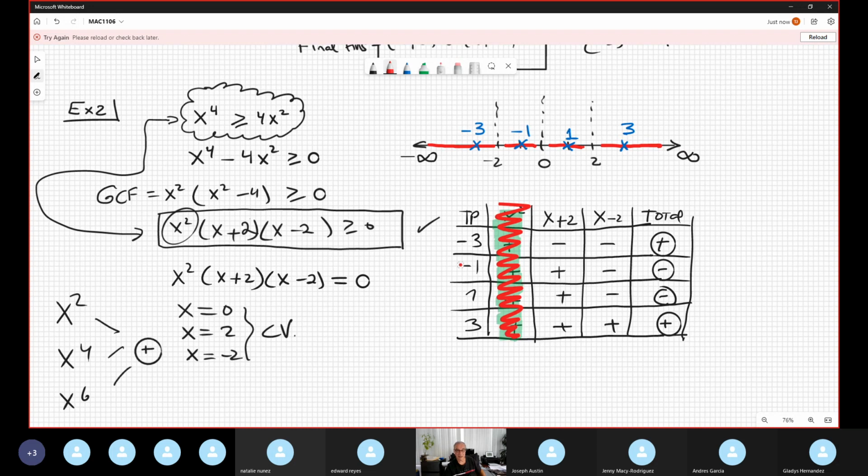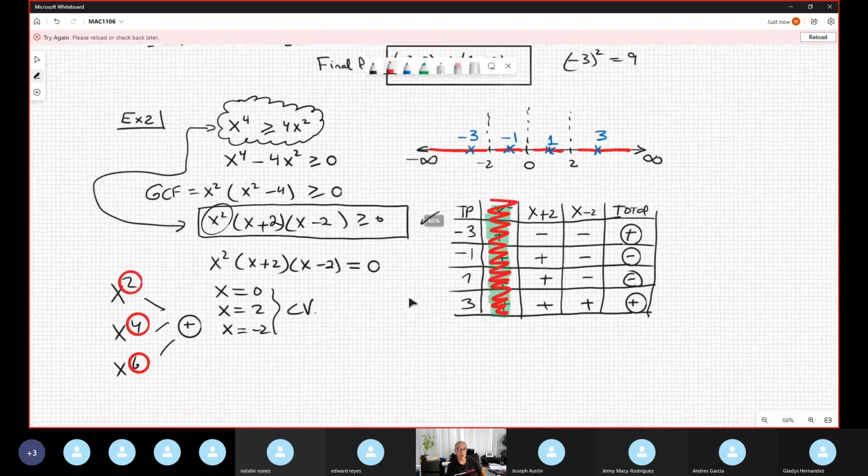This column is totally irrelevant because it's always positive, and the reason is that the exponent of the factor is even. So when you are doing the factorization, the experienced students do one extra step like that.